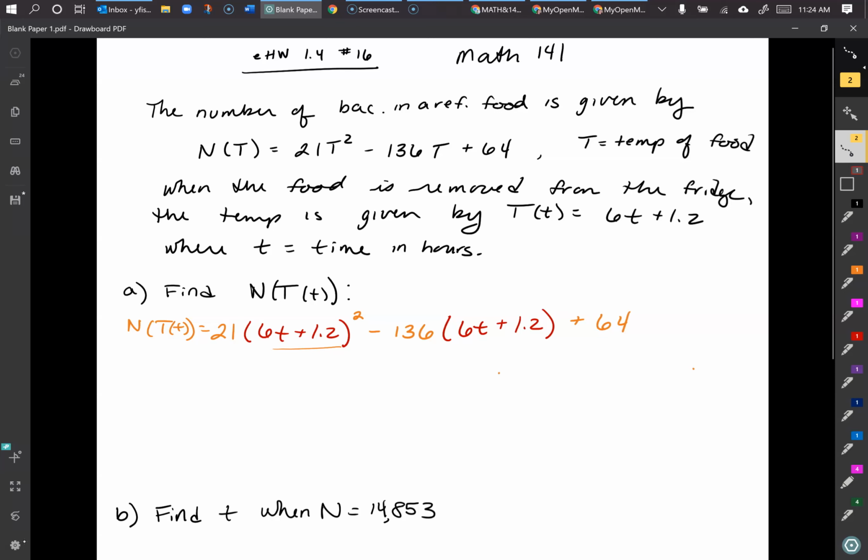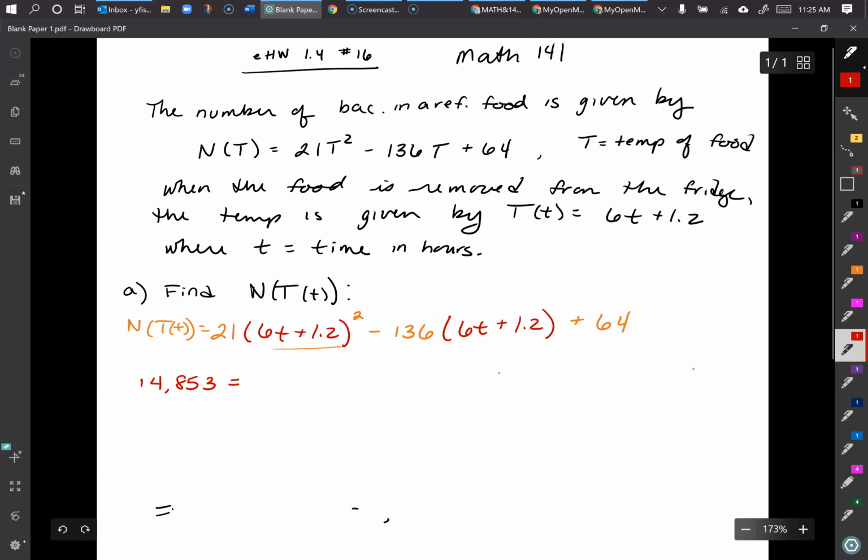So for part B, we can just take this 14,853 and sub it in right here for N of t, the composition. And then we can do something called U substitution.